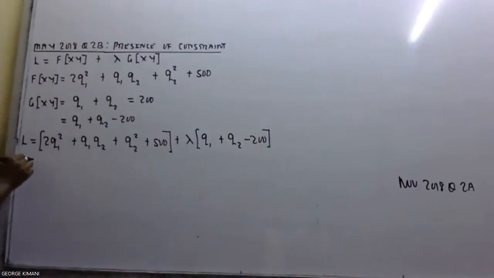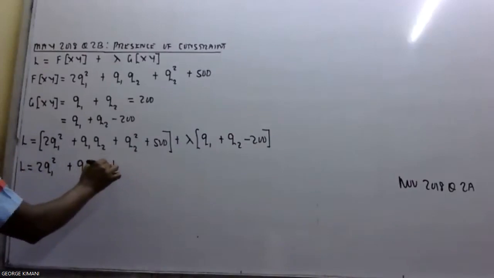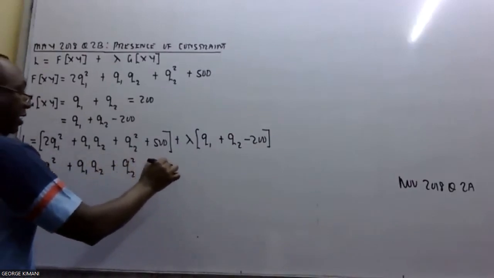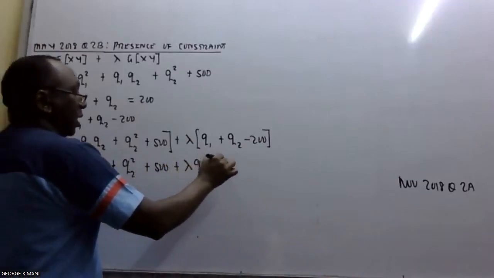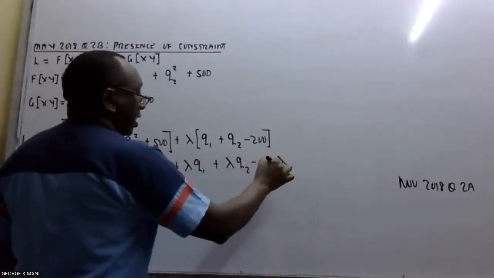So if you open these brackets, L, you get 2Q1 squared plus Q1 Q2 plus Q2 squared plus 500 plus lambda Q1 plus lambda Q2 minus 200 lambda.